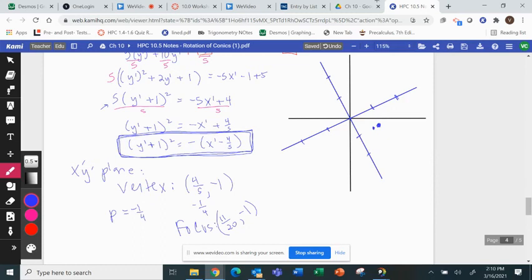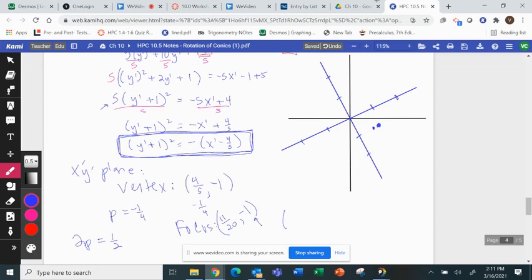Somewhere over here. And then how do I find how wide it goes? I need to do 2p, which is one half. Then we add and subtract that from the focus, so I'll be adding and subtracting it here.